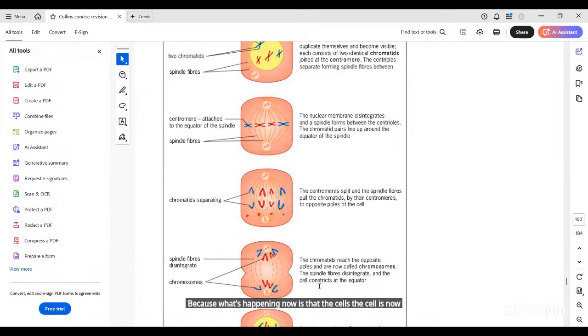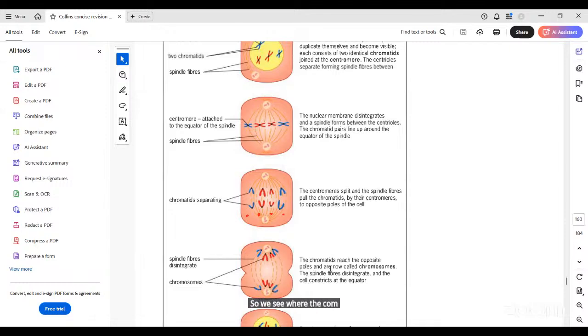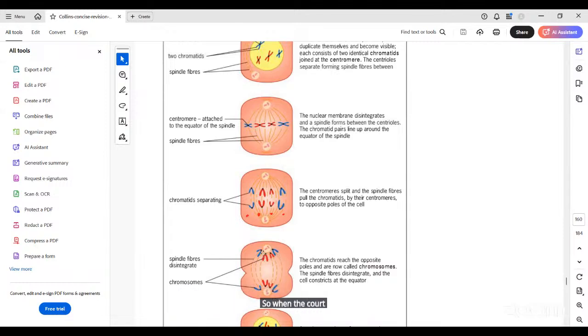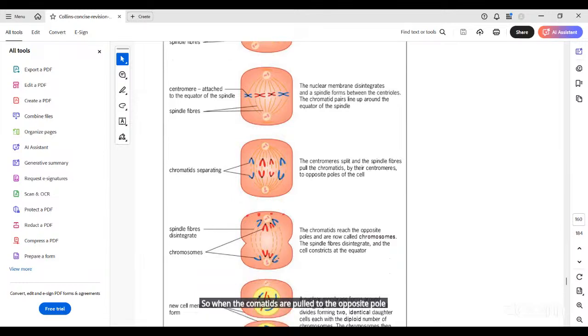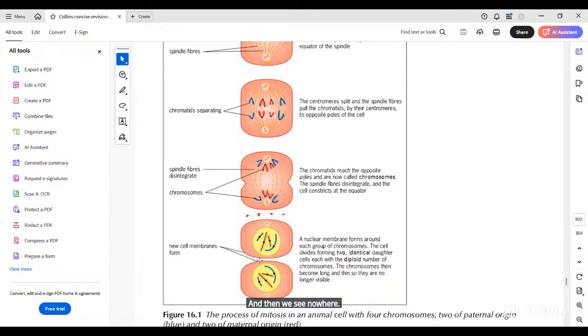Because the cell is now going to form a new cell. So we see where the chromatids reach the opposite pole and are now called chromosomes. When the chromatids are pulled to the opposite pole, they are referred to as chromosomes. And then it forms two identical daughter cells.